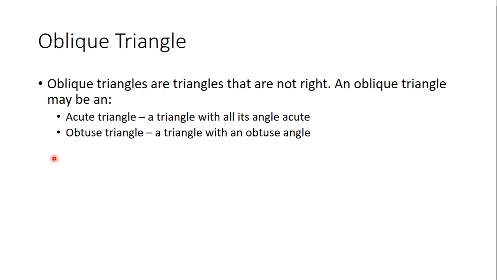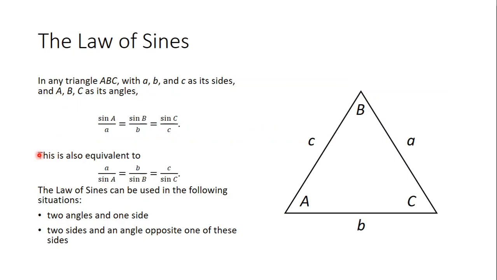Now let's proceed to the law of sines. The law of sines states that in any triangle ABC with sides a, b, c and angles A, B, C, as you can notice, sides are indicated by small letters and angles are indicated by big letters. And here is the illustration of that statement.